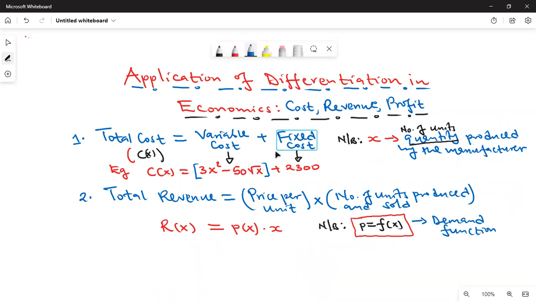So to get the revenue, you multiply price per unit and the number of units produced and sold.